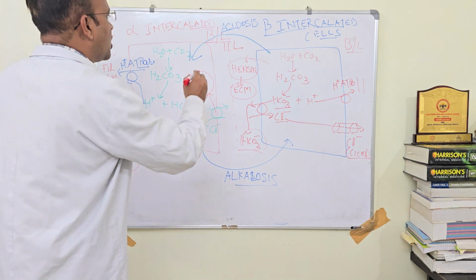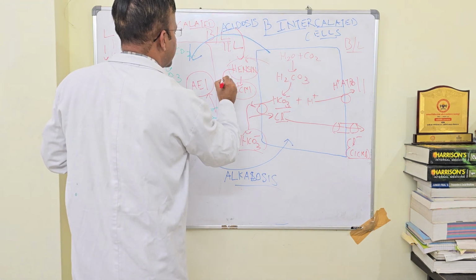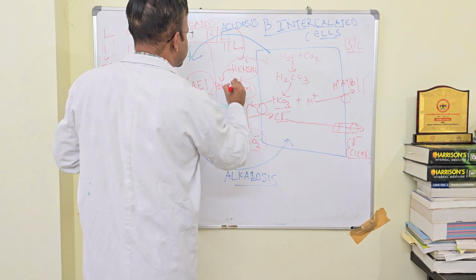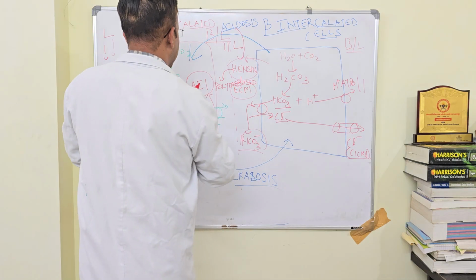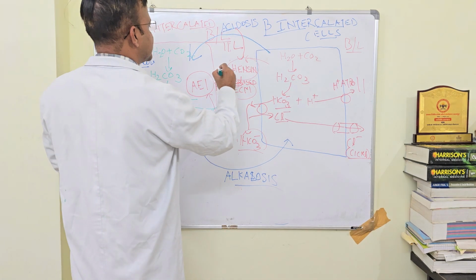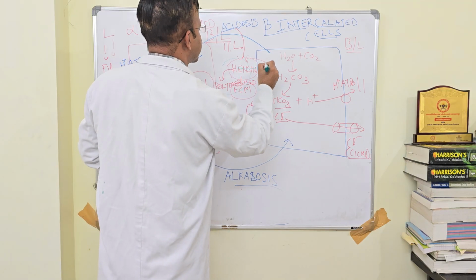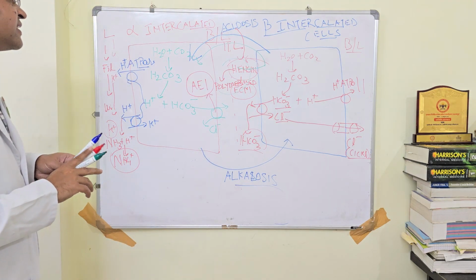Now, in case of acidosis, this Hensin will get polymerized. And this polymerized Hensin will then signal the beta intercalated cells to get converted into alpha intercalated cells.